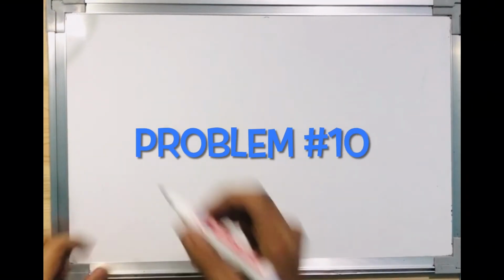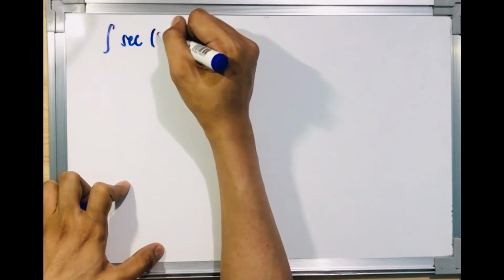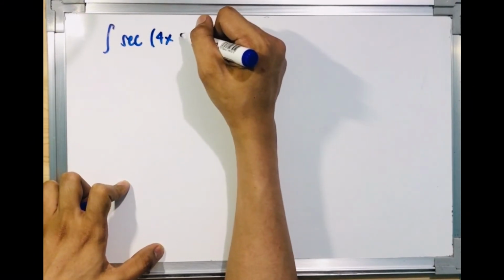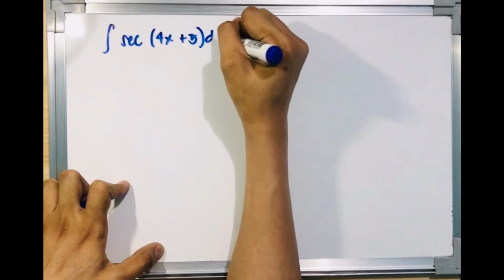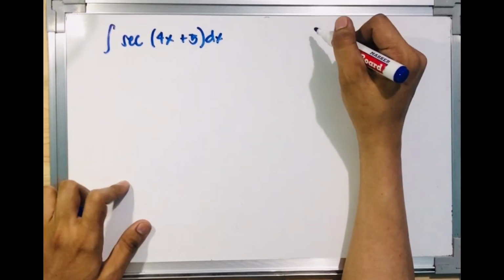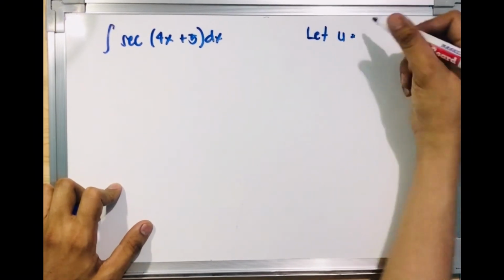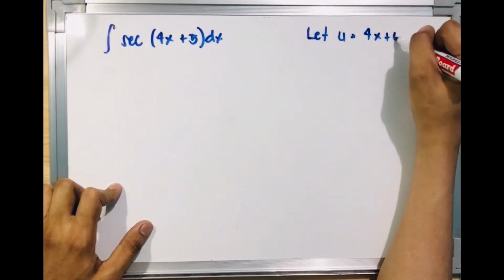So, our next problem is the integral of secant of 4x plus 5 dx. And in this example, kailangan natin agad i-check or kunin yung u value niya. So, let u is equal to 4x plus 5.